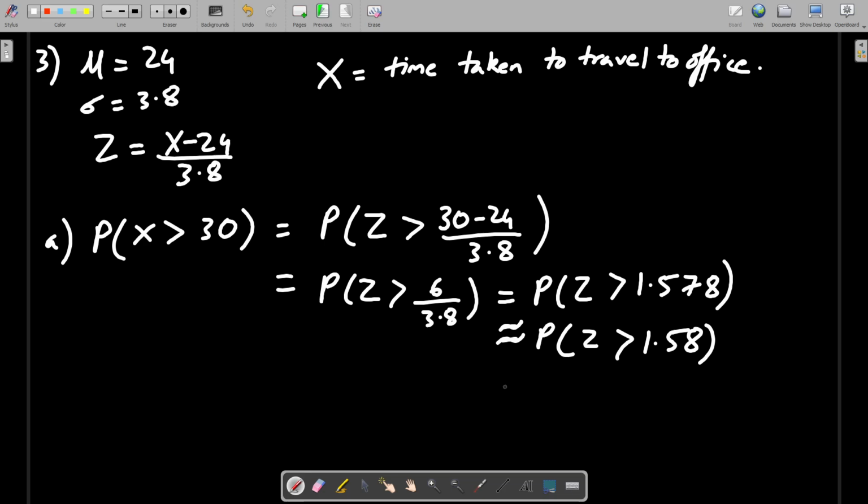Okay, so now this is equal to 1 minus phi of 1.58. So 1 minus the number from the table, I'll tell you, write this down.